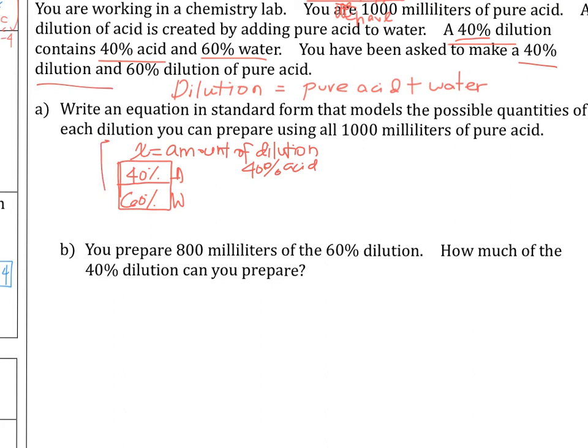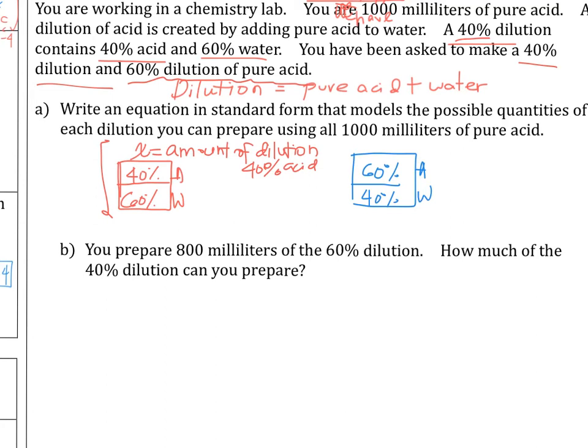So you're going to make this dilution and another dilution that contains 60% pure acid. So I can draw another picture. So this one contains 60% acid and 40% water.